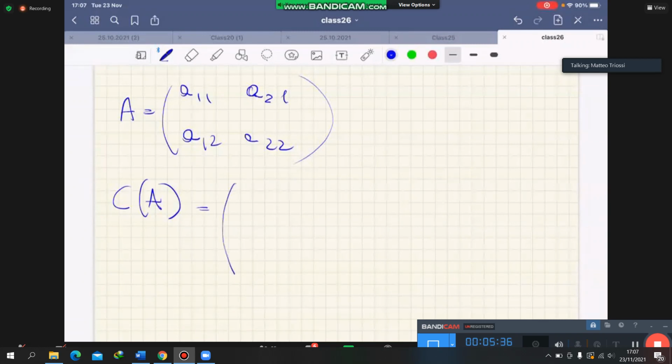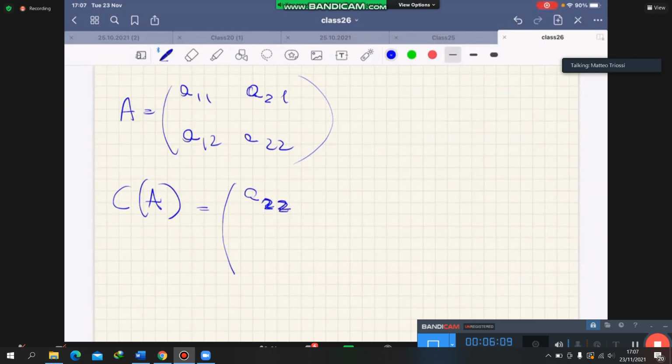So in order to attain the entry 1,1, I have to delete the first row and the first column, isn't it? And multiply by -1 to the second. So I have A22.